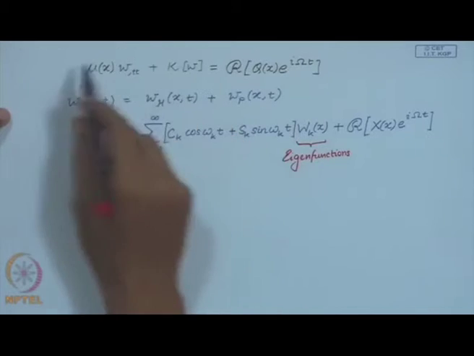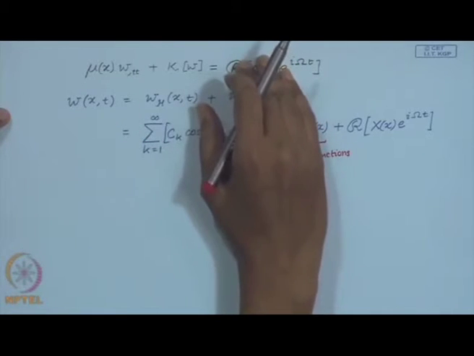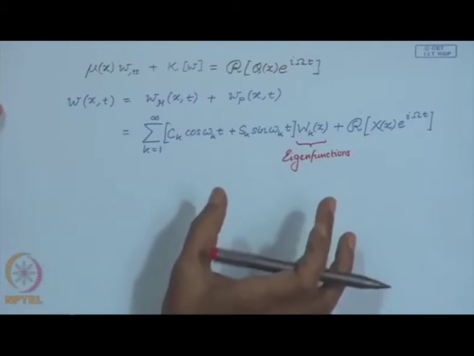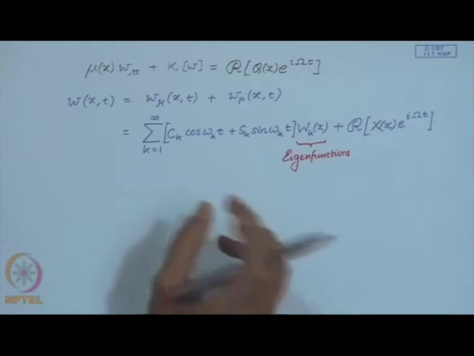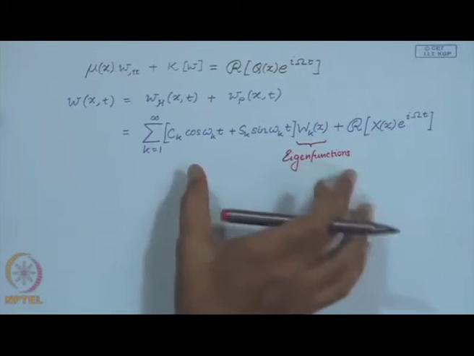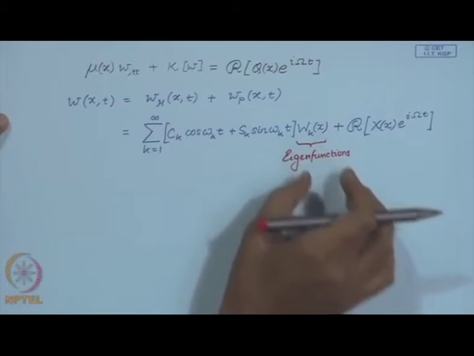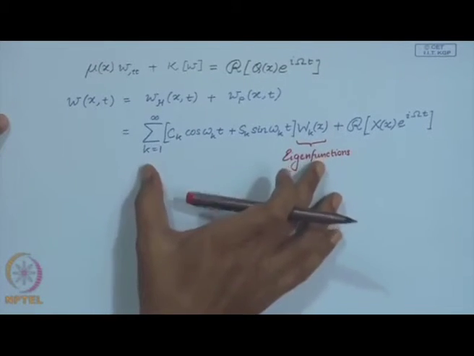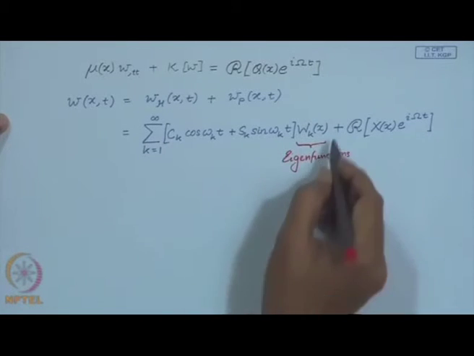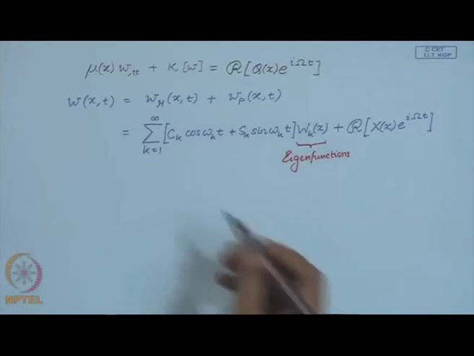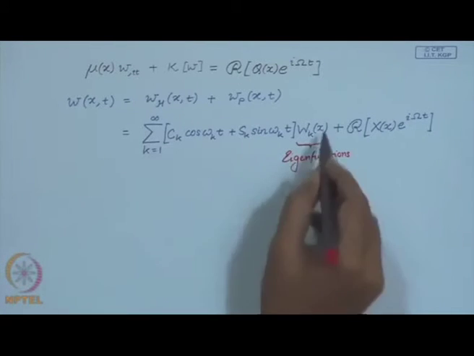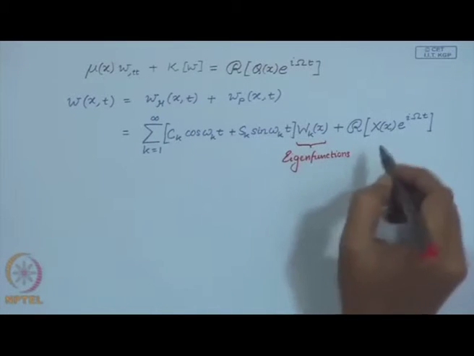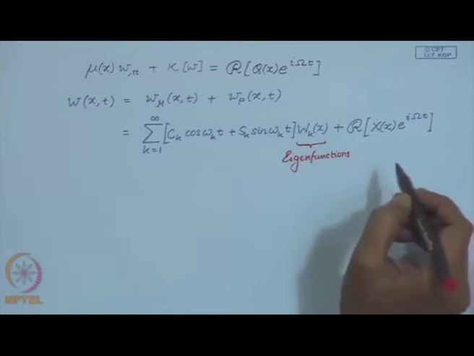The eigenvalue problem was obtained by considering the homogeneous problem and searching for special solutions which are separated in space and time. From there we obtain these eigenfunctions, and we have been representing this solution for solving various kinds of problems, for example, the initial value problem. So, here again we come across this solution.